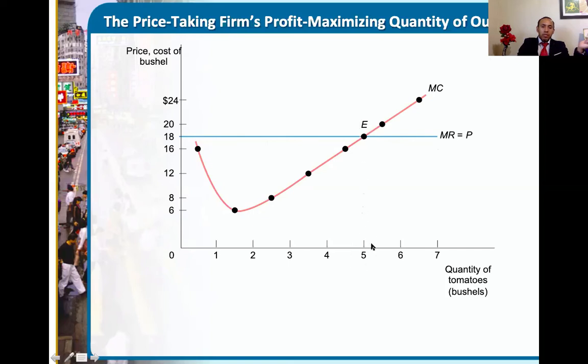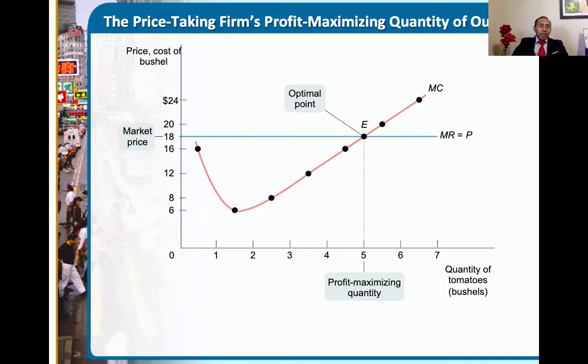What quantity is going to be produced? 5 units of tomatoes. At this particular point, marginal revenue is equal to marginal cost, and you produce 5 units. So at the market price of 18, the firm considers point E the optimal point of production, producing a profit-maximizing quantity of 5 units of tomatoes by this competitive farmer in the tomato industry.